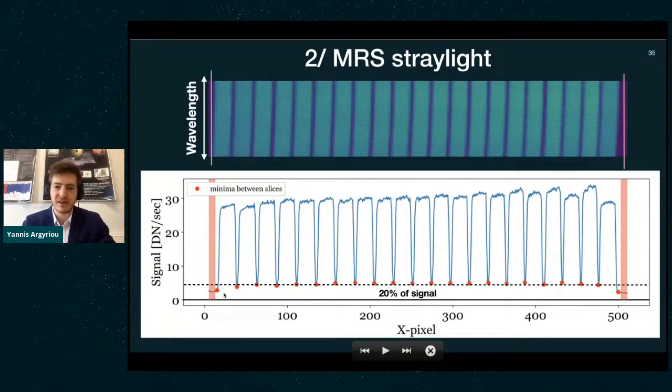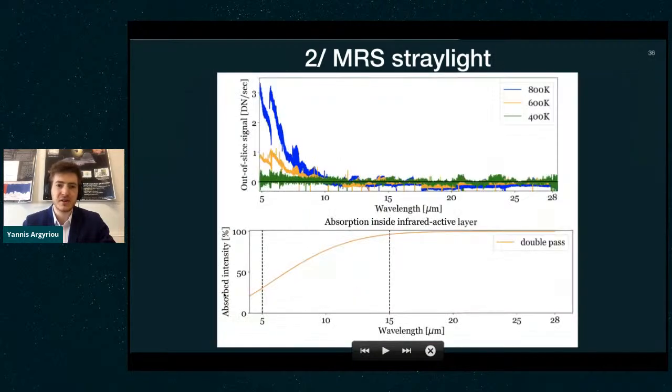the wavelength information. In this plot, I show that as a function of wavelength, and for 3 different black body temperatures of our calibration source, the stray light behaves in a very consistent manner. Basically, it is high at 5 microns, and it decays all the way down to approximately 0 around 12 microns.